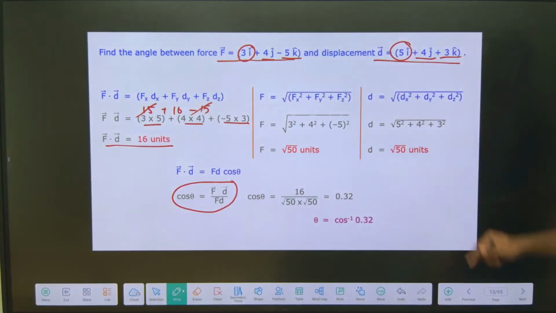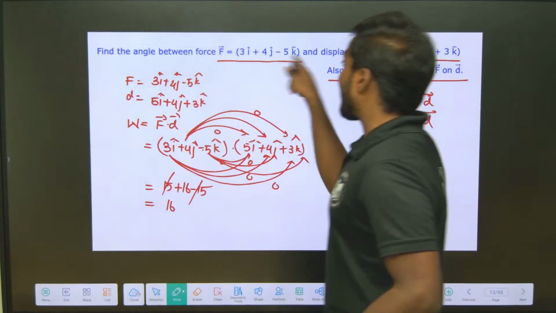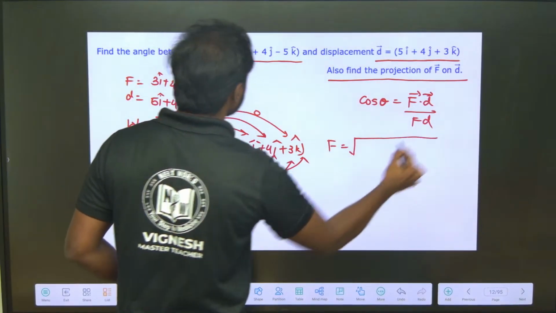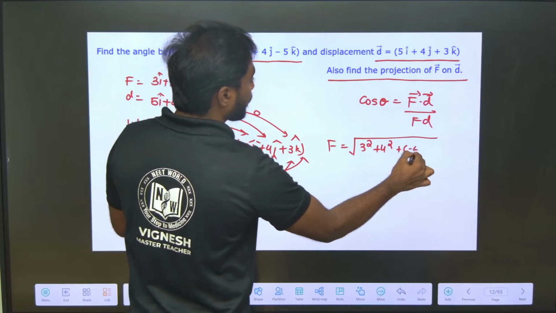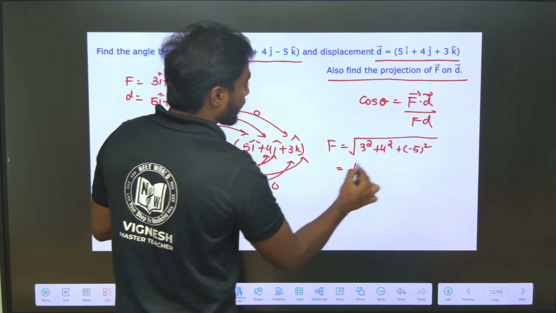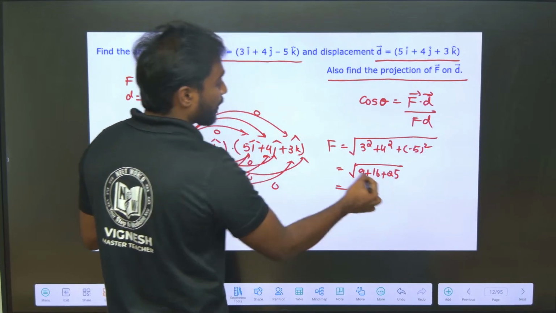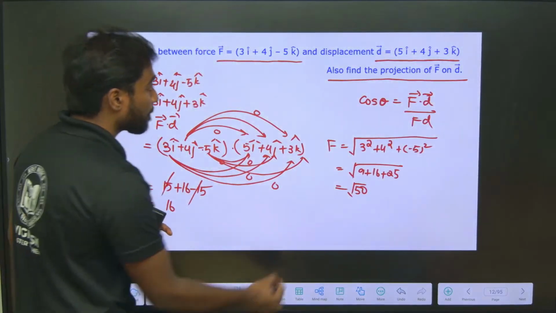Now how to find F and how to find D? The magnitude of F is root over 3 square plus 4 square plus minus 5 the whole square. So 3 square is 9, plus 16, plus 25. So 50, root 50 I will get. What about D?